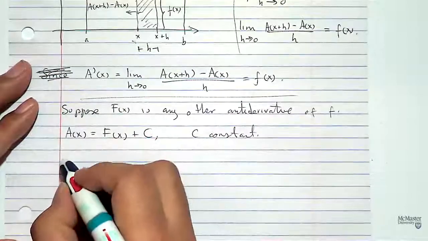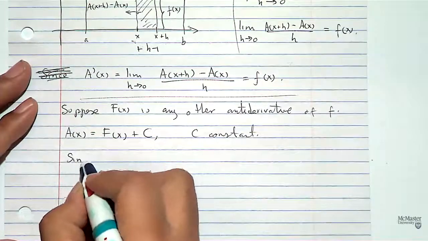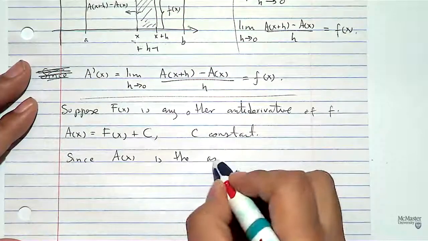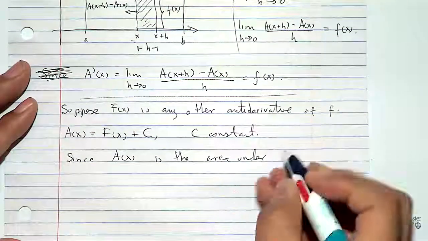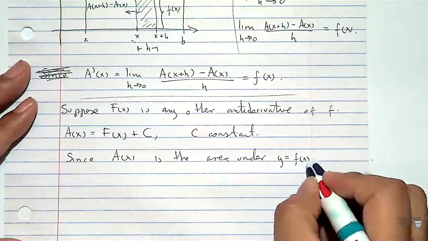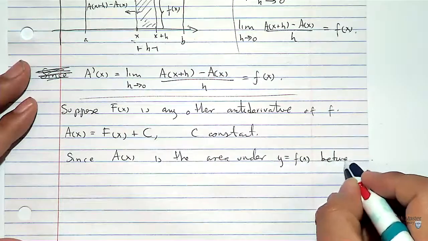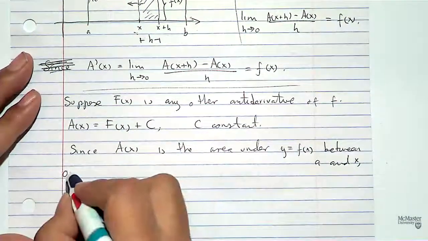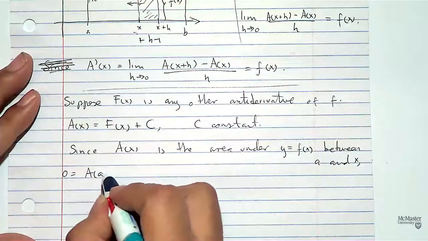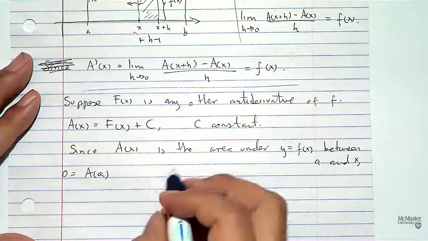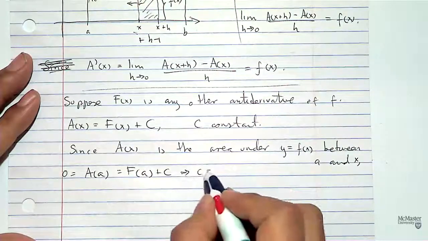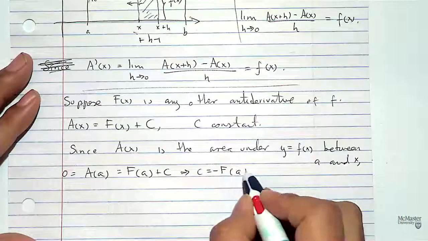And since A is the area under the curve between a and x, what you know is that A evaluated at a is 0 because the length of the interval is 0, and this is also equal to F of a plus C. So that means that C is equal to minus F of a.